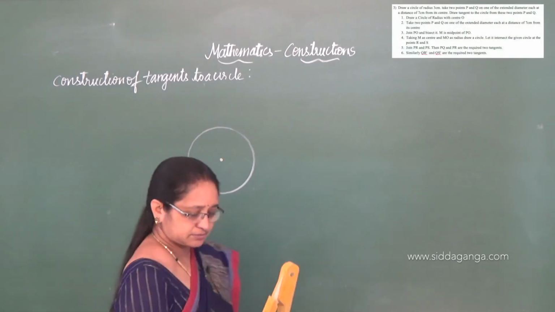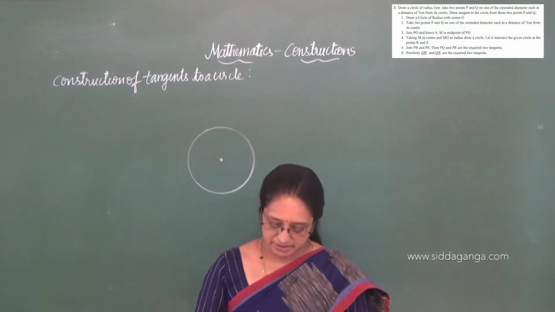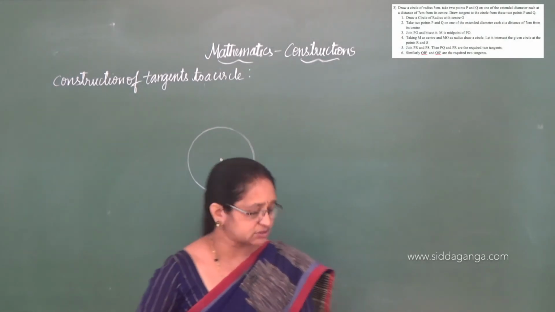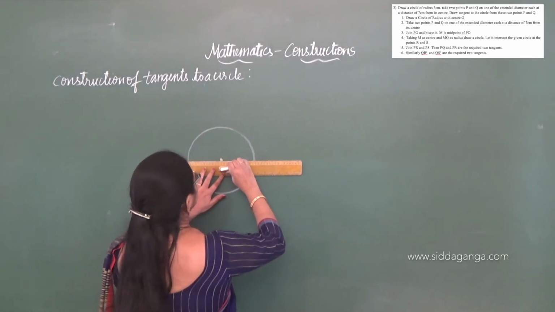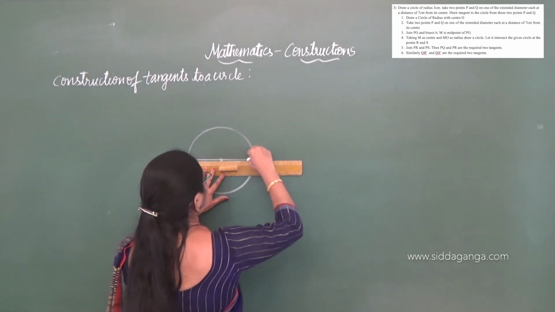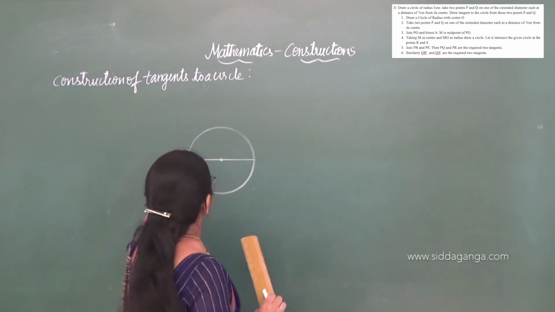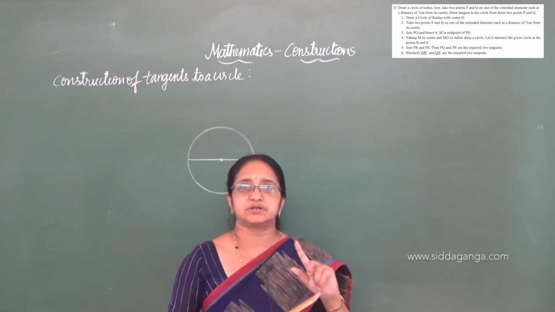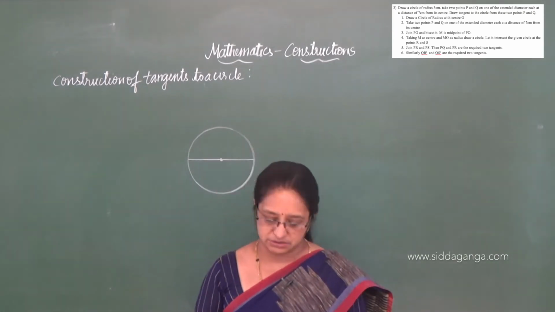Next, the extended diameter. You all know this is the diameter. See, how extended diameter: on both the sides you have to extend that diameter. I hope you understood this.